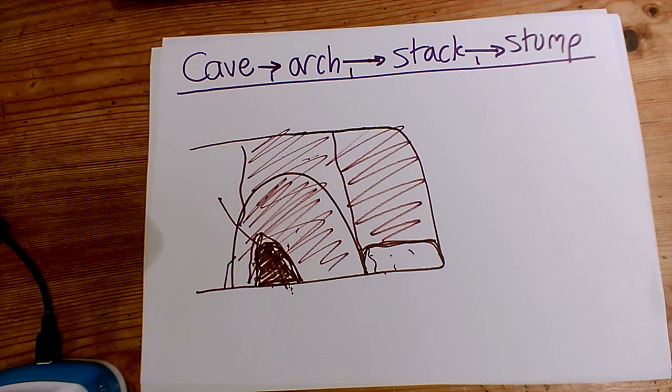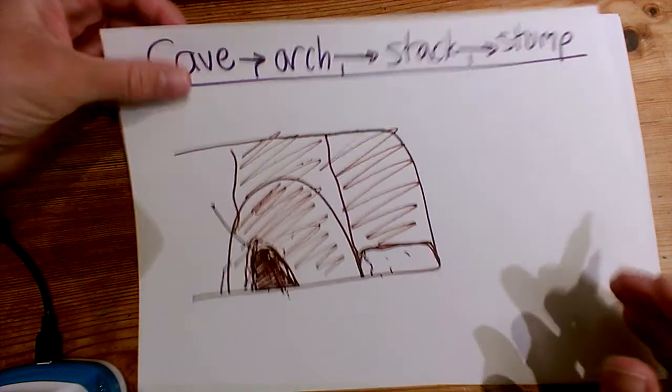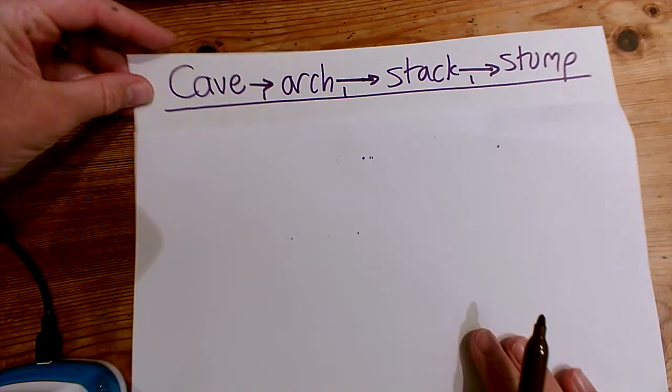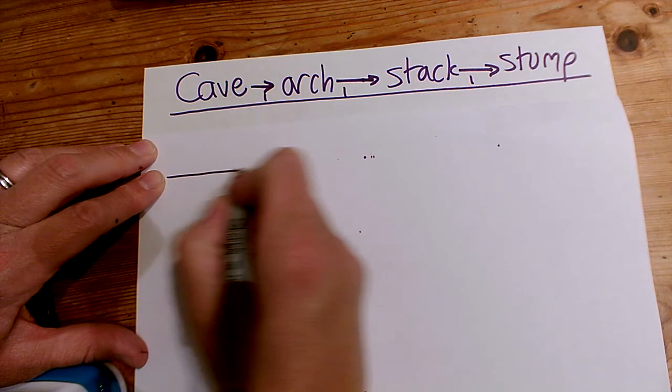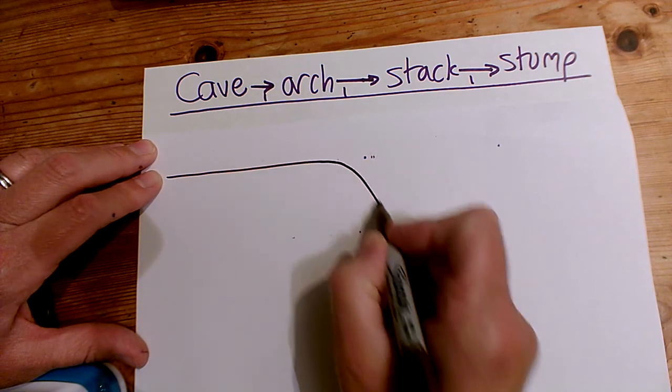Okay, so that's the process, but we're going to draw it in a row. So if you imagine, let's use the same title, recycle the title. So what we often see is the whole thing in a row.